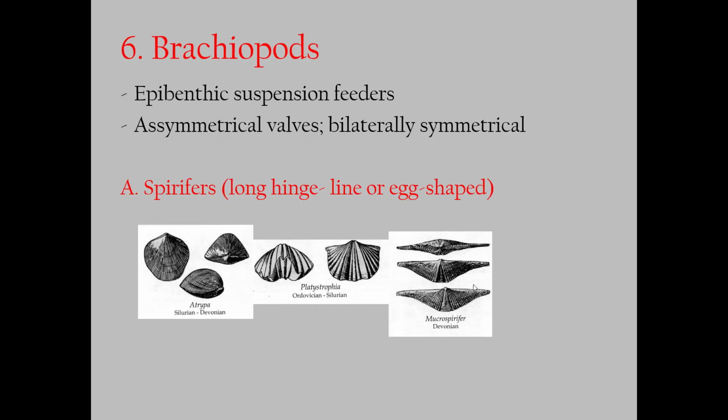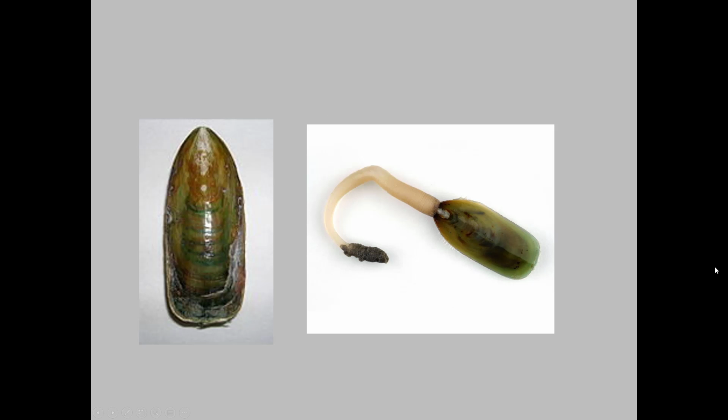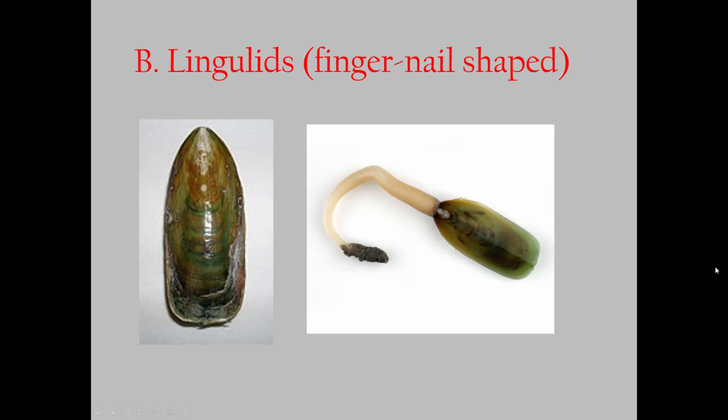One type of brachiopod that has not really evolved in the last 500 million years are called lingulids. Lingulids are brachiopods that similarly are bilaterally symmetrical, right? They look like fingernails. They are about the size of your pinky nail.